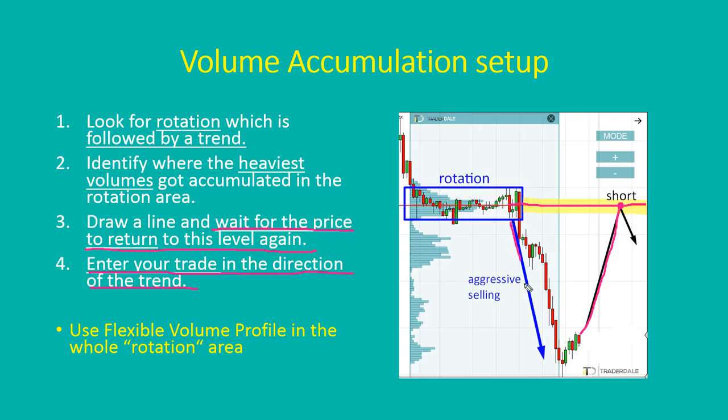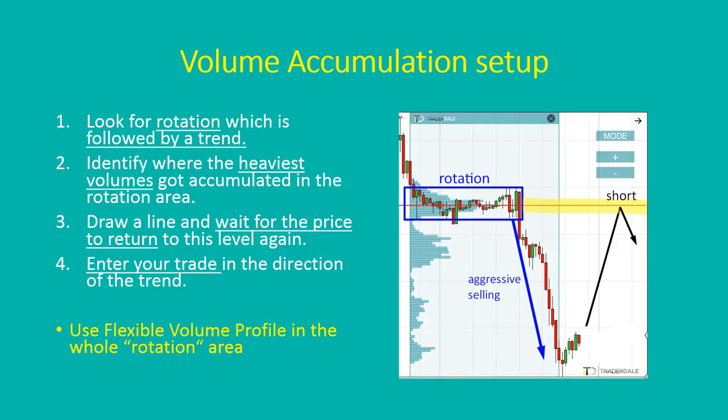So in this case there was a downtrend which followed the rotation, so you'll be entering a short. If there was a rotation followed by an uptrend, pullback, then from this place, from the place where the volumes were the heaviest, you would be going long. Alright? So this is how the setup looks.